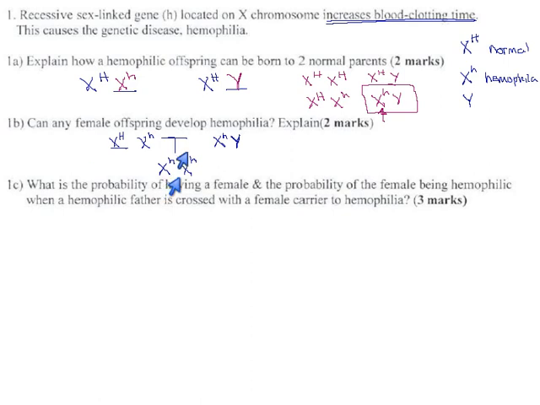So the short version of this is a girl can only have hemophilia if her dad did, and if her mom is at least a carrier. If her dad is normal, then she's going to be okay because every daughter gets an X chromosome from her dad. We know she didn't get a Y, or she'd be a son, not a daughter.